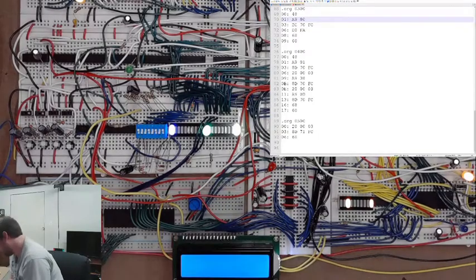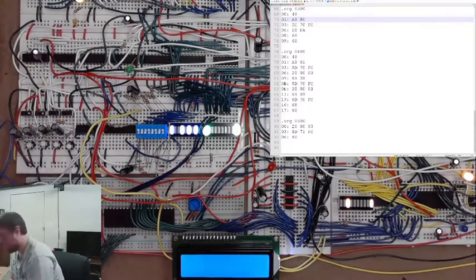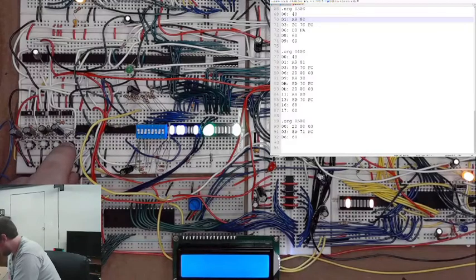Okay, and this is supposed to be a 9. Boom. Next one is supposed to be 1. Next one is supposed to be 8D. Next one is supposed to be 70, and then FC. And then we're supposed to have 20, 0003. And it's supposed to be A9.